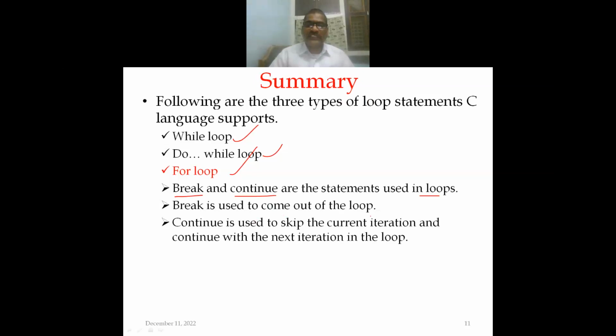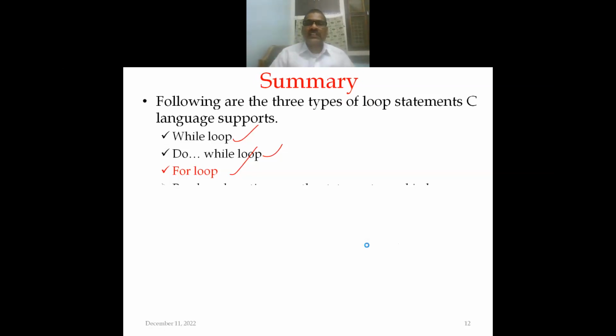Break is used to come out of the loop or exit from the loop, whereas continue is used to skip the current iteration, and the code below the continue will be skipped in the current iteration, continuing with the next iteration in the loop. This is what we have seen with example programs also.